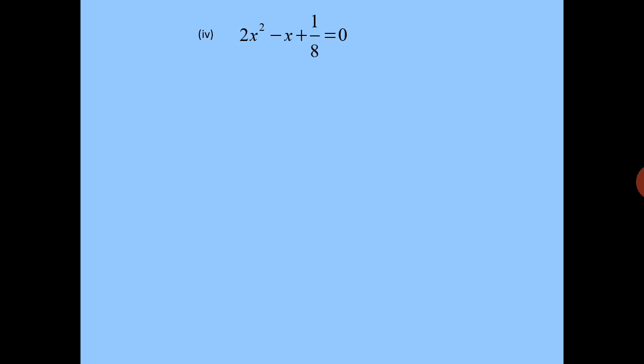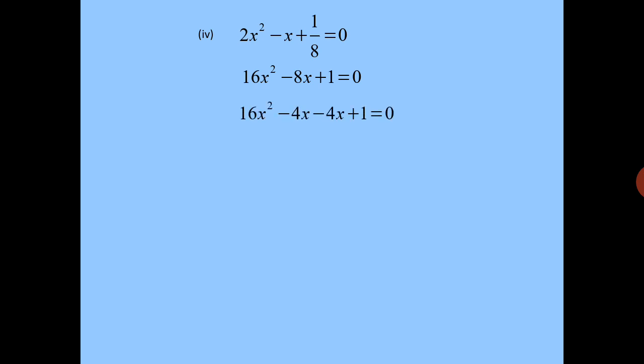Now the fourth sub question, here you have one term in fractional form. It's always better to get rid of it. How? Multiply the entire equation by that denominator. Here the denominator was 8. So multiply the entire equation by 8. So you get 16x square minus 8x, and finally 1 by 8 into 8 becomes 1. So this is how your equation is simplified.